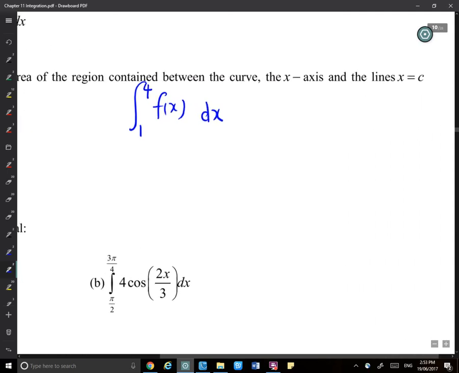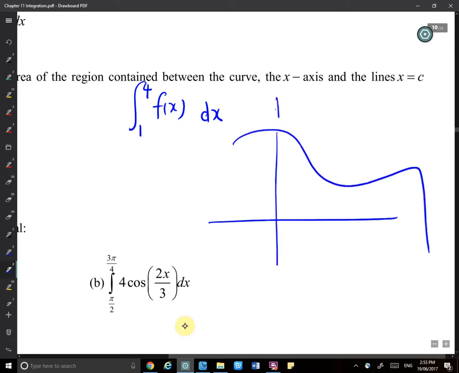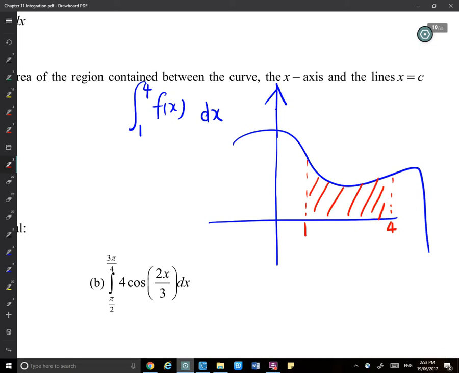The meaning of this is that I sketch my fx function out, and from the point 1 to 4, I'm trying to know the area under the curve, in between the curve and the x-axis. So integration can not only find the original fx function, but also the area under the curve for the original function.